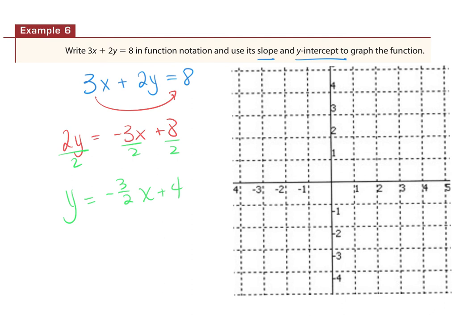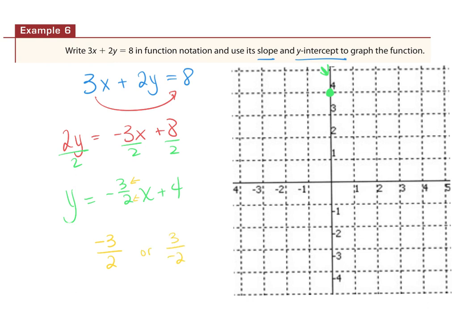They want us to graph it using the y-intercept. Y-intercept is where it hits this axis. That's right here at positive 4. If they want me to use my slope, my top number tells me up or down. My bottom number tells me left or right. If it is a negative slope, you can either do negative 3 over positive 2 or positive 3 over negative 2.